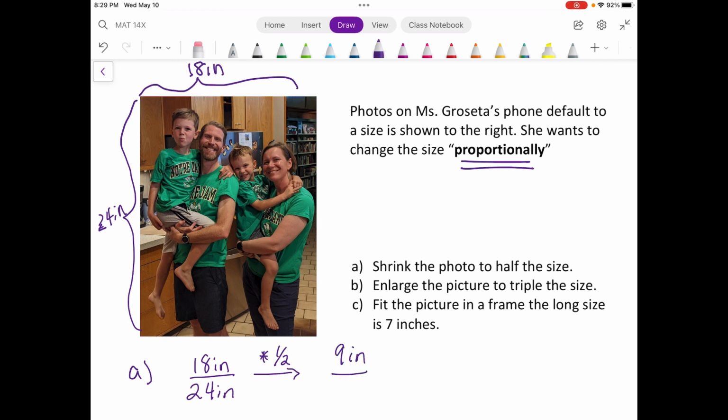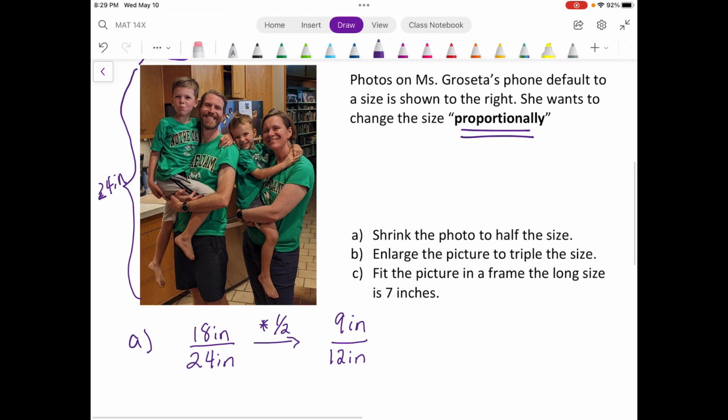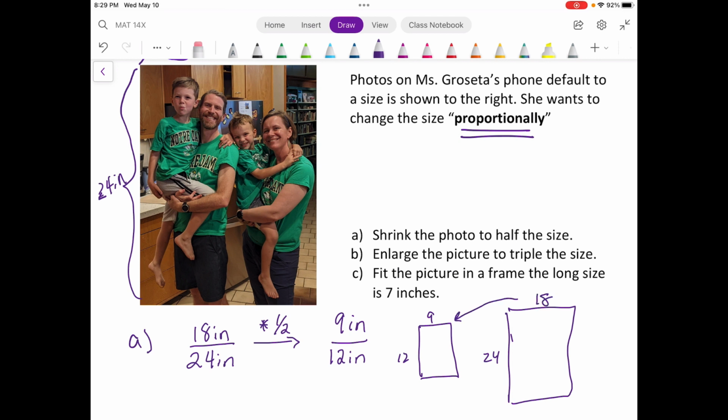And instead of 24 inches tall, it'd only be 12 inches. So now it's only a foot high. Probably still a little on the large side, but it's smaller. And the point is that the proportions stayed the same. It's still a rectangle. It's just each of those dimensions got a little smaller. So it went from 24 by 18 to 9 by 12. So we shrunk it down.